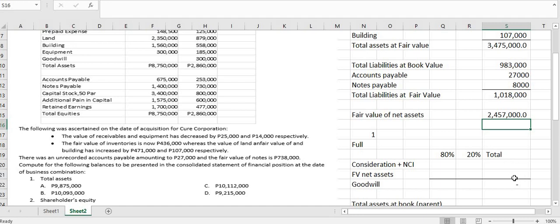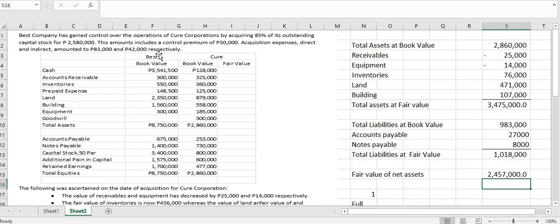Since the fair value of our non-controlling interest is not given, we should assume it. But take note that the problem states that the consideration of 2,580,000 includes a control premium of 30,000.